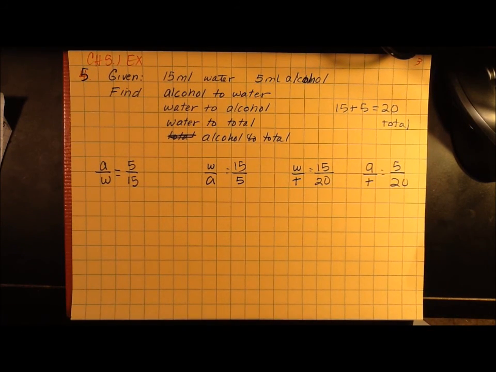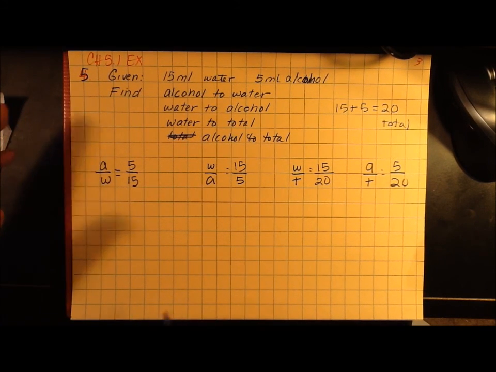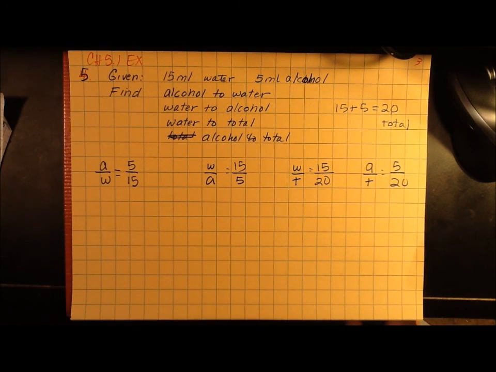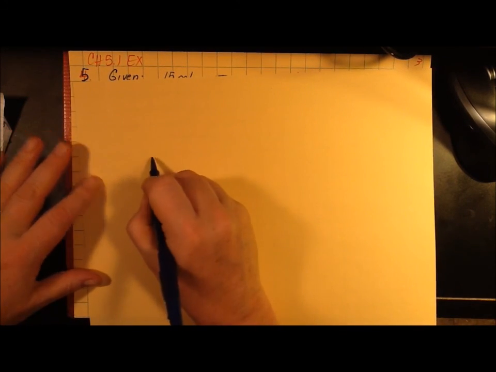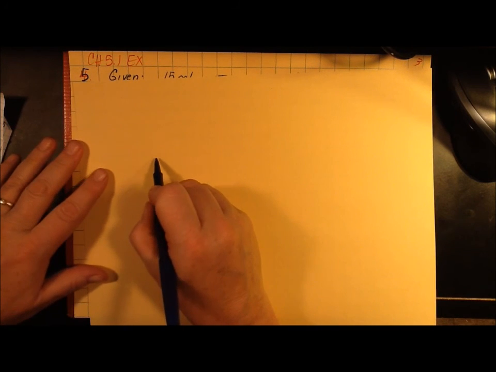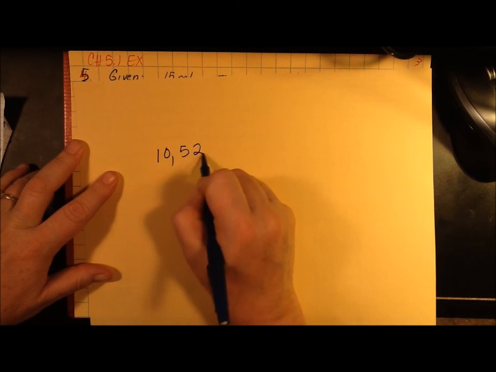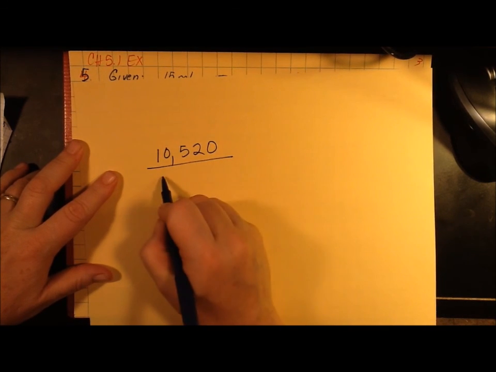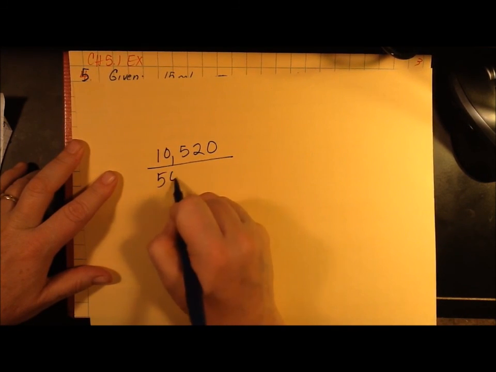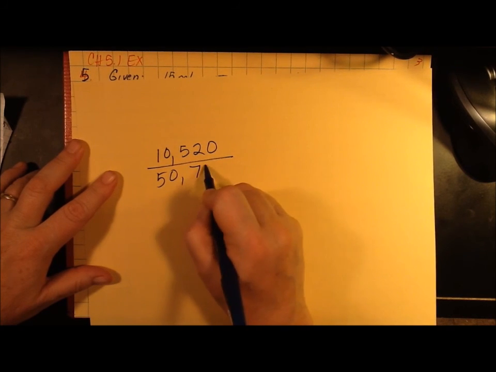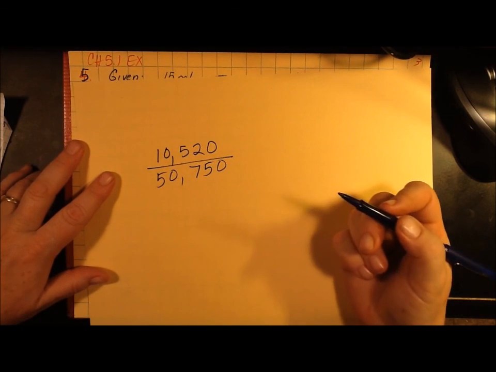But again, I want to reduce this to lowest terms so it's easier to understand. Most people are very good at understanding numbers that are familiar to them. But if I told you that I wanted you to talk about the relationship between 10,520 over 50,750, that's a lot to deal with.